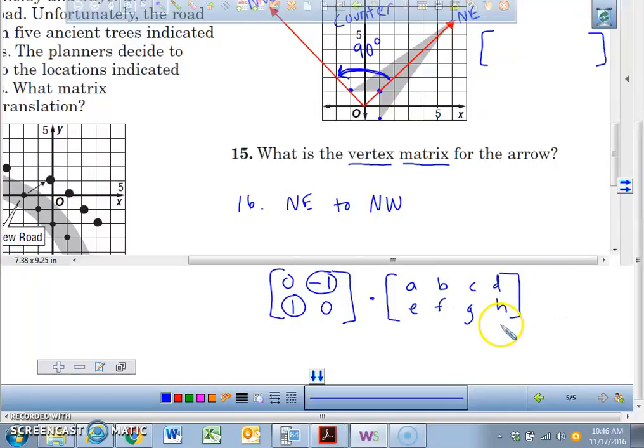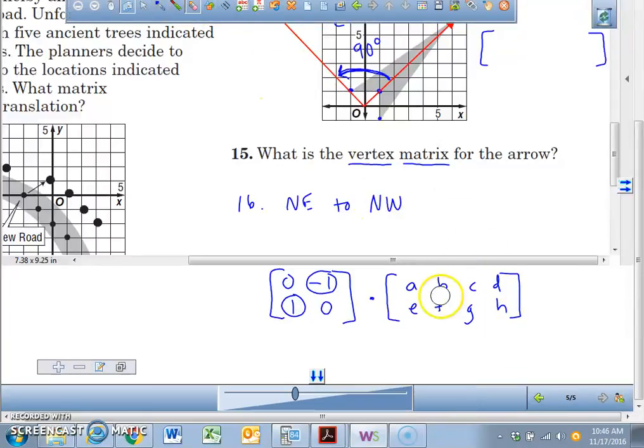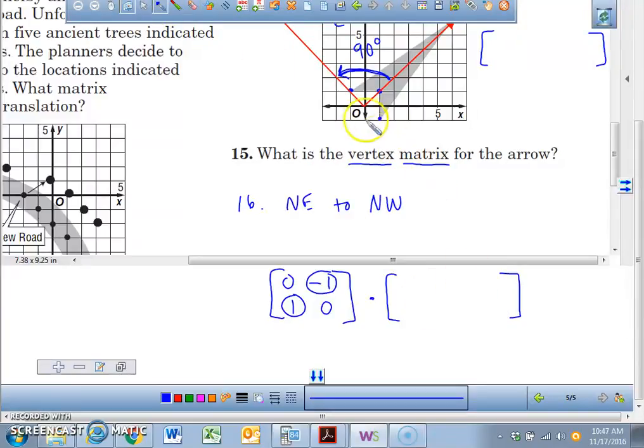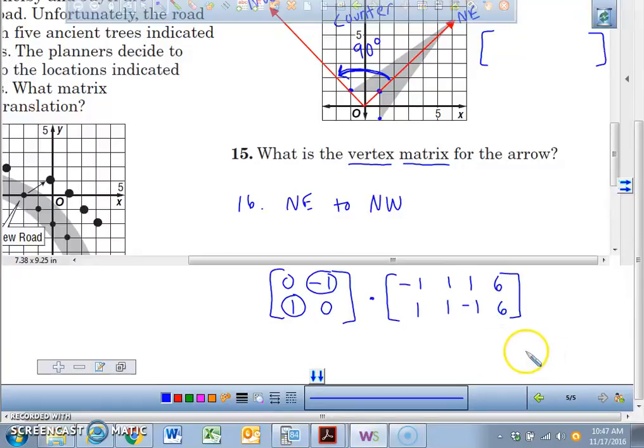So if you do this correctly, now by the way, the order of your ordered pairs does not matter, just the correct ordered pairs.